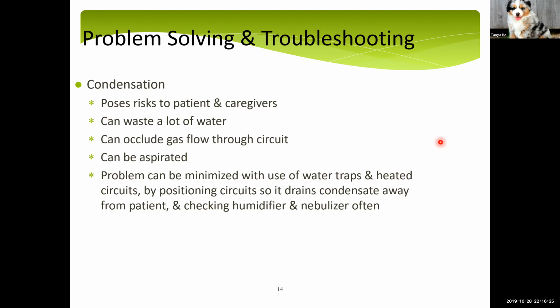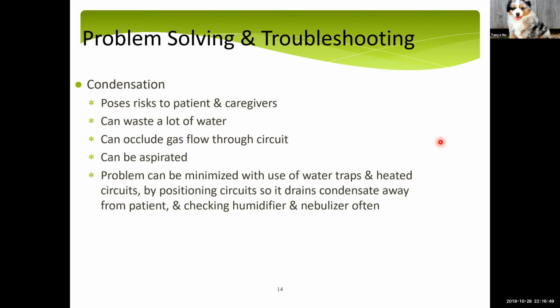And as it cools, the water vapor that's traveling along will fall out of its gas phase and enter the liquid phase, which creates the condensation. The more it cools, the more condensation will occur, and the more water you'll have in the circuit, which can lead to more and more problems.